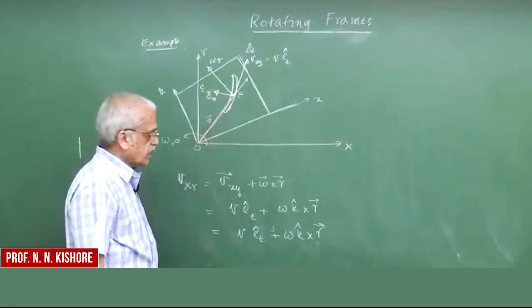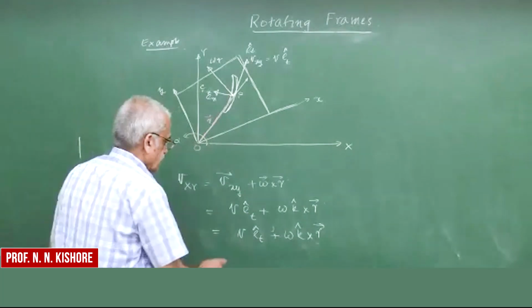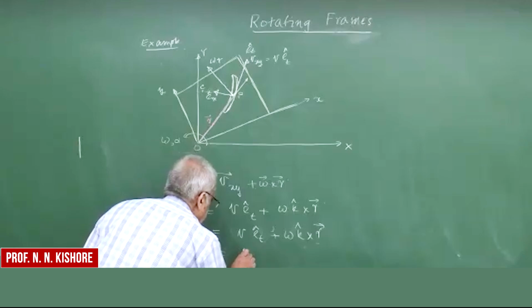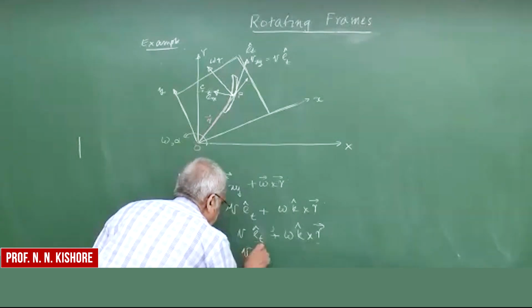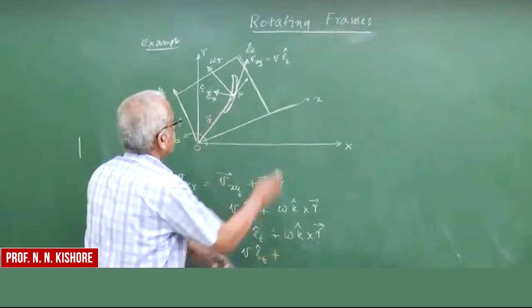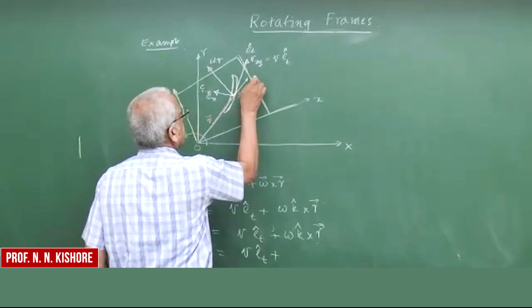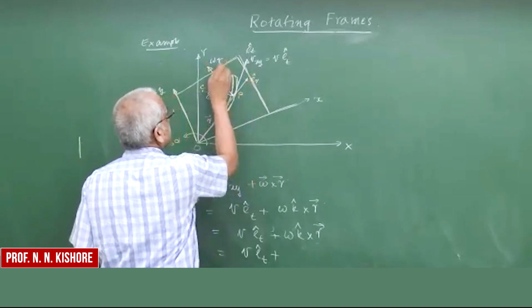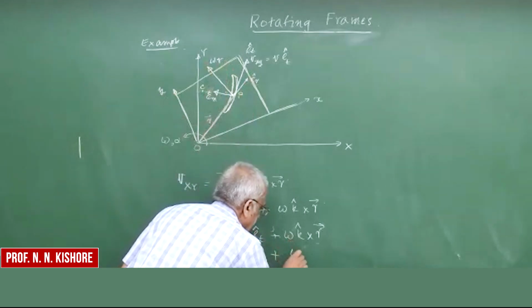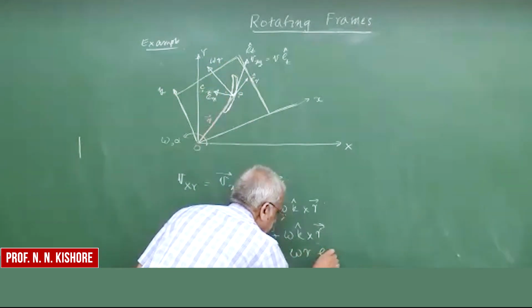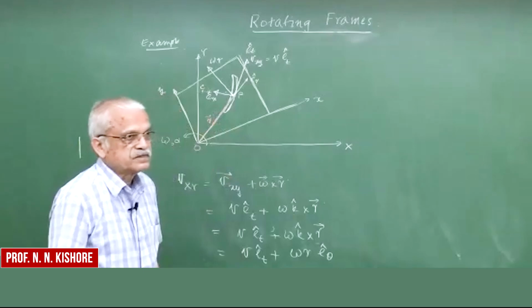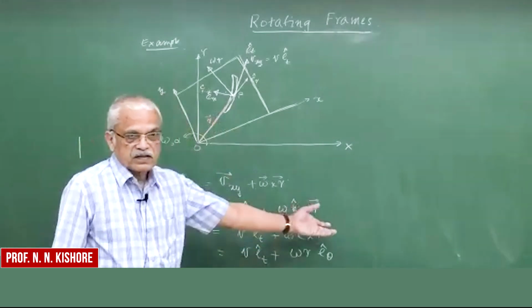Well, in your convention, if you call this ER and this E theta, we can say that it's omega R E theta. So we are combining several unit vectors.